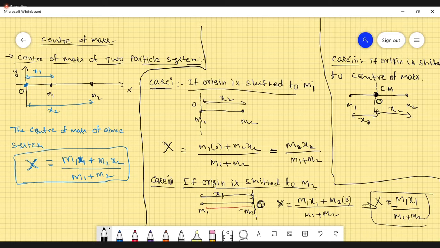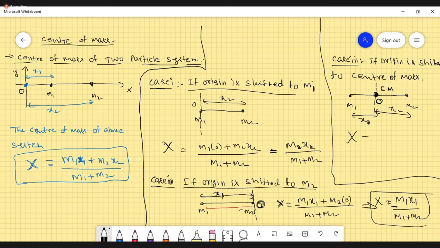See, if origin is shifted to center of mass, then center of mass will be at origin, na? That is x equals to 0, na? See, this capital X I have represented as center of mass. So the capital X would be 0.